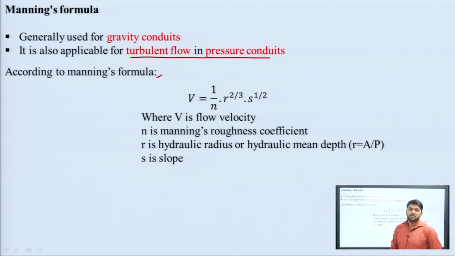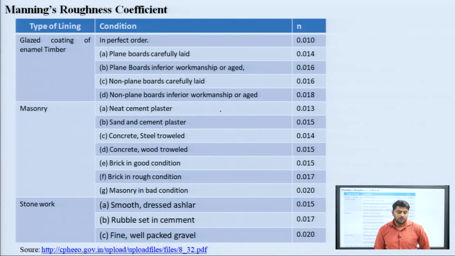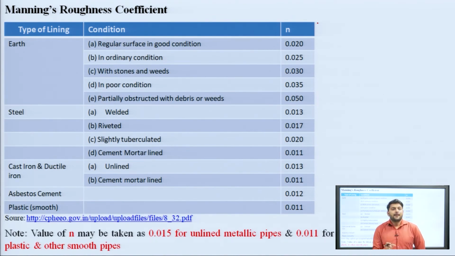Here r, s, v have the usual meanings: v is velocity, r is hydraulic mean depth, and s is slope. And what is n? n is the Manning roughness coefficient, and this value is dependent upon the pipe material. So as per the required situation we are going to take the values of n, but if the value of n is unknown, then what are we going to do?